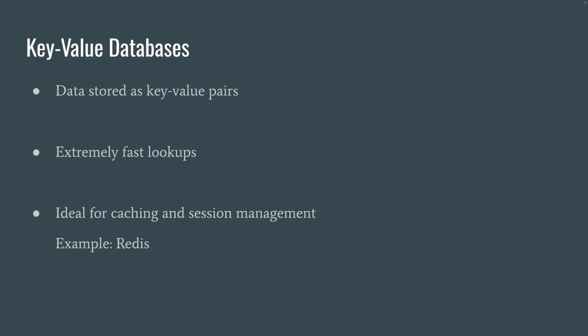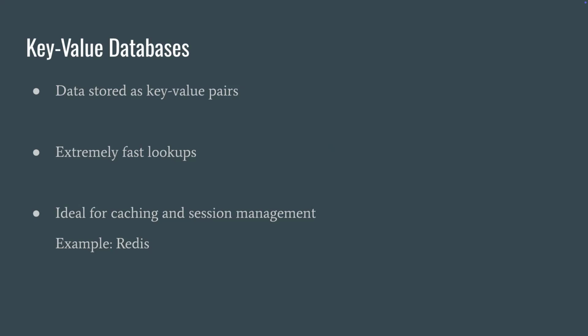To give you an example, let's think of web applications. A lot of web applications have user login, and these applications need to store user session information. Key value databases like Redis are used to retrieve that information rapidly when a user loads a page.